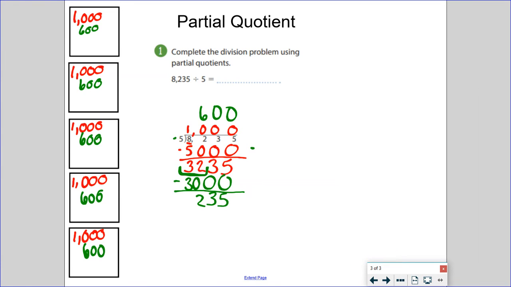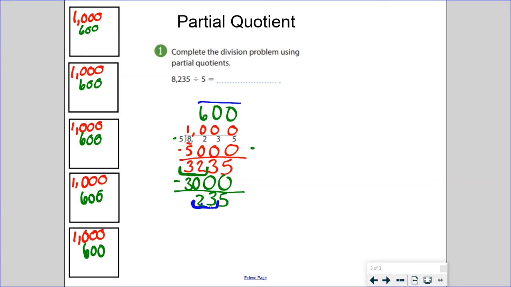Again, using some friendly numbers, I'm thinking, what times 5 comes close to 235? Some of the kids really struggle with that large number. So we look at the first digit, and I can't do any number times 5 equals 2.